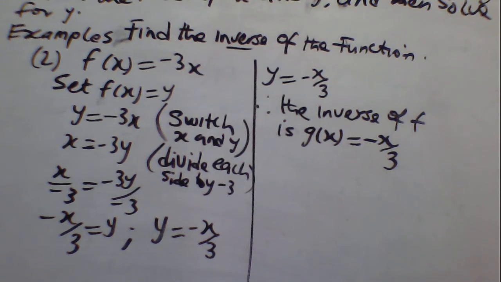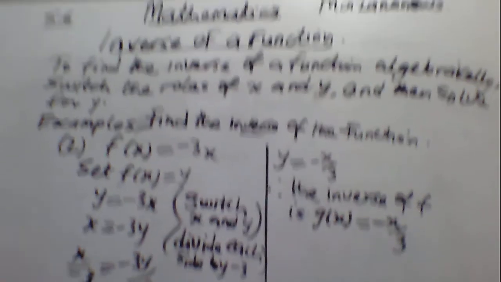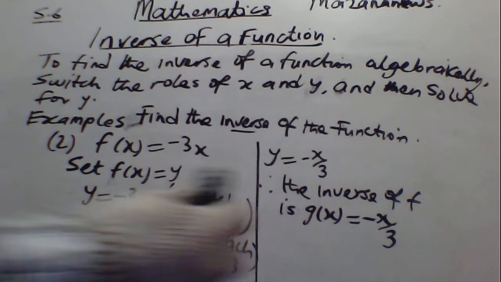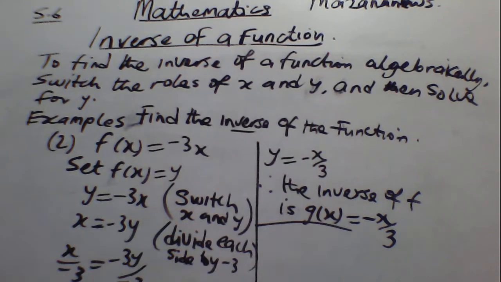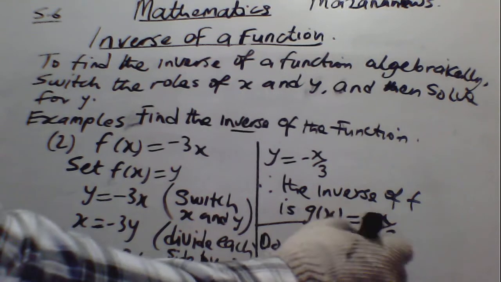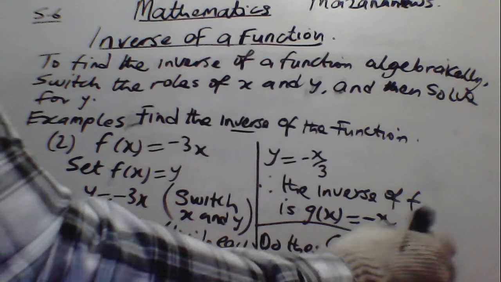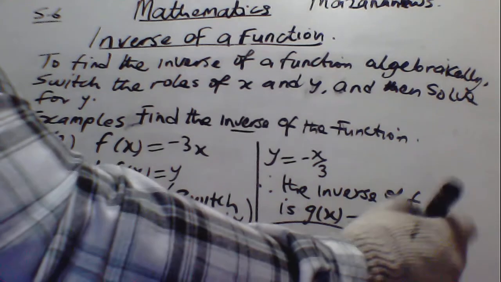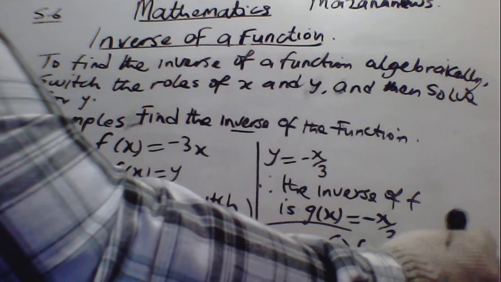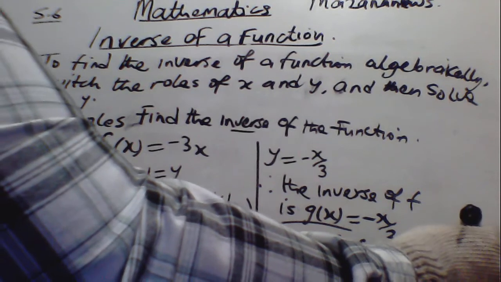Have any question? Let's go to inverses of nonlinear functions. Can you find the inverse? Do this one. First one, f of x is equal to 3 in bracket minus 2x plus 1.